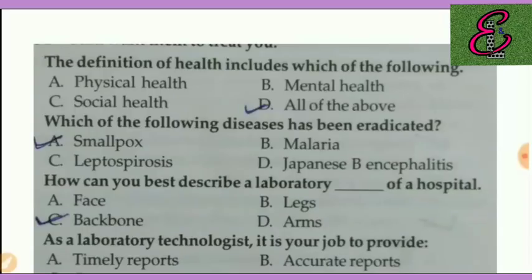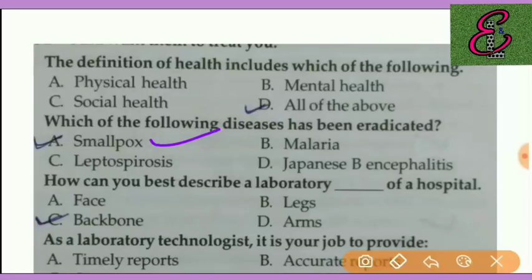It means all three given options are included in the definition of health. Next question. Which of the following diseases has been eradicated? The answer is smallpox.